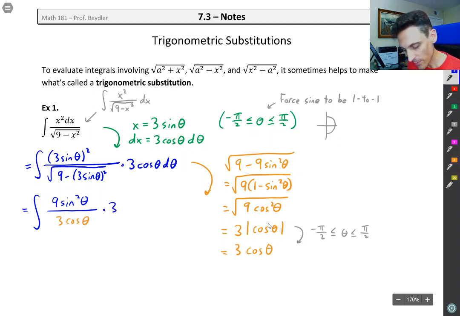And then we have another 3 cosine theta that's coming from the dx. And that's going to simplify even more. We have a 3 cosine theta canceling with a 3 cosine theta. So we just get the integral of 9 sine squared theta d theta.